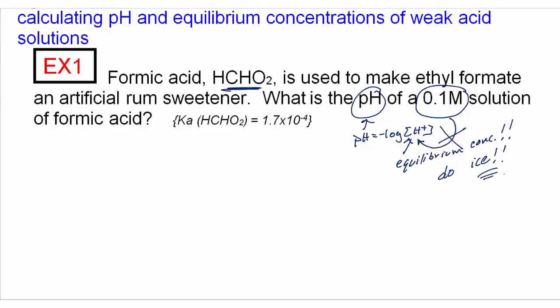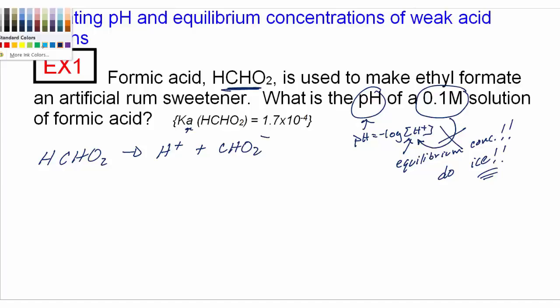Okay, so to do ICE, we need a reaction, and the reaction we're going to use is the Ka reaction. So let's write the Ka reaction and make an ICE table. So the Ka reaction is always the conjugate acid dissociates to hydrogen ion and the conjugate base. And let's make our ICE table then.